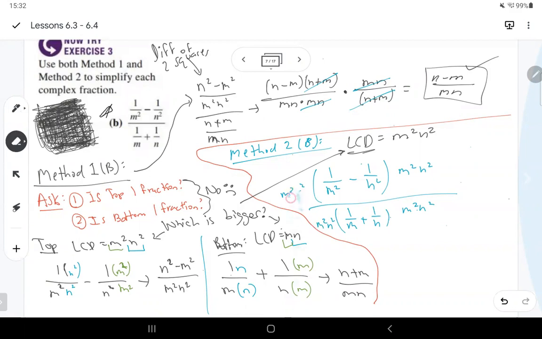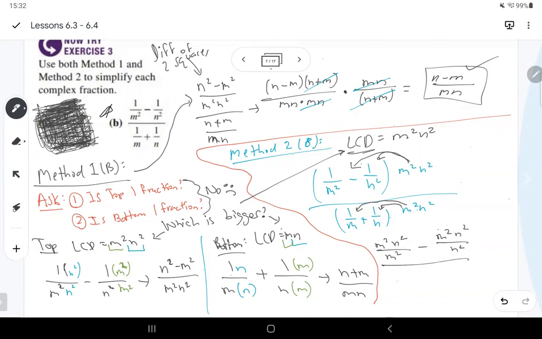I think what I'll do is distribute it and then simplify. So you're going to end up with m squared n squared over m squared minus m squared n squared over n squared, over m squared n squared over m plus m squared n squared over n.